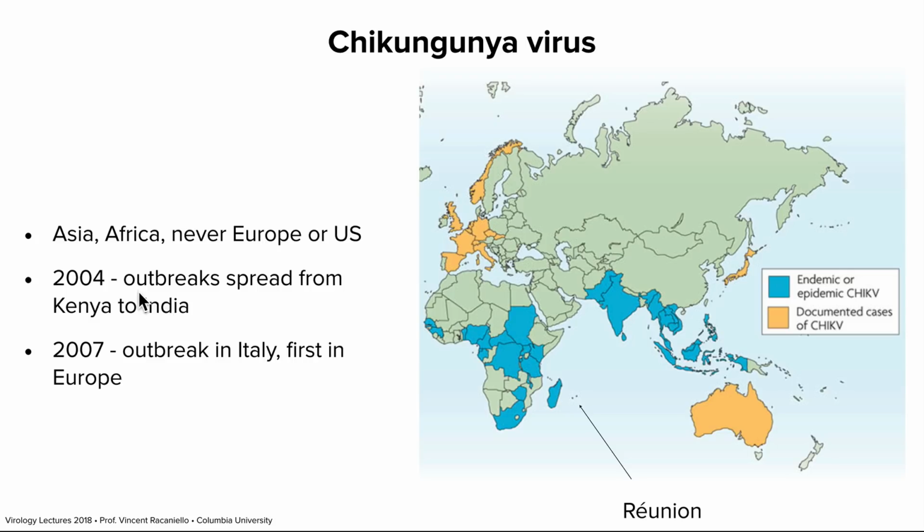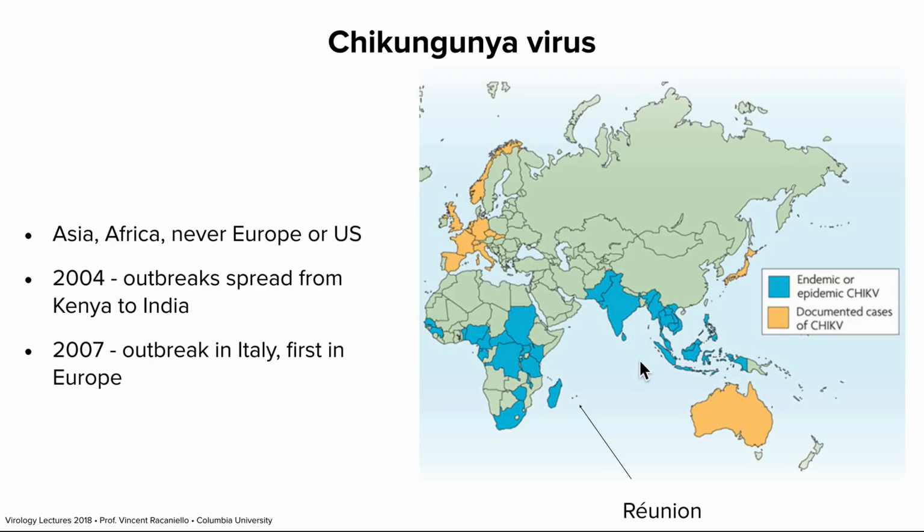But around 2004, there was an outbreak first in Kenya. It spread to India, and then an outbreak in this small French island of Réunion. And Réunion is a popular visiting site for tourists from Europe. The virus then spread back to Europe, Italy, and then throughout Europe itself. So starting in 2004, the virus went outside of its normal range.